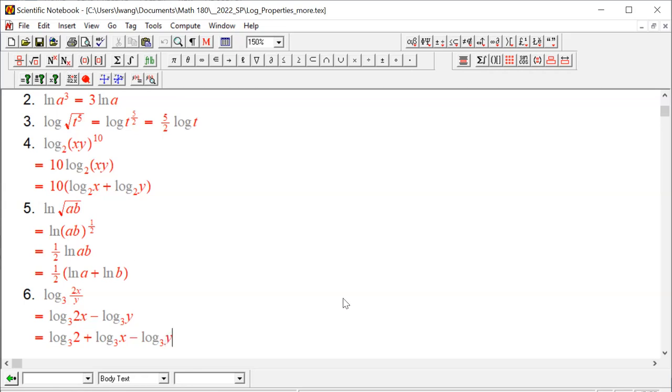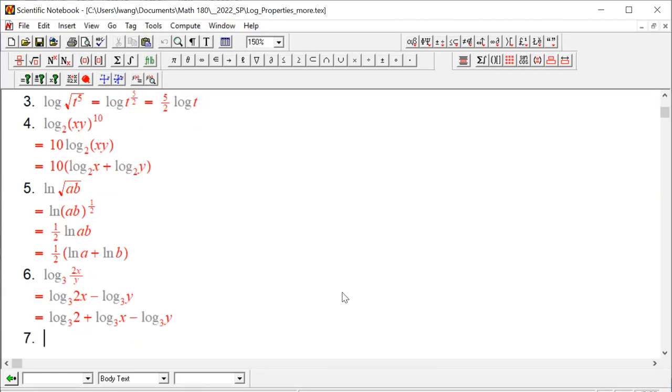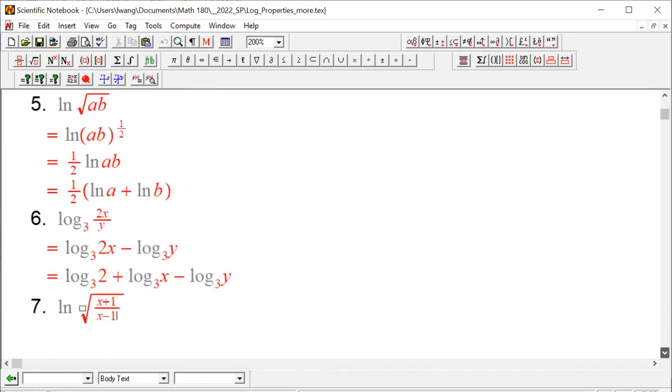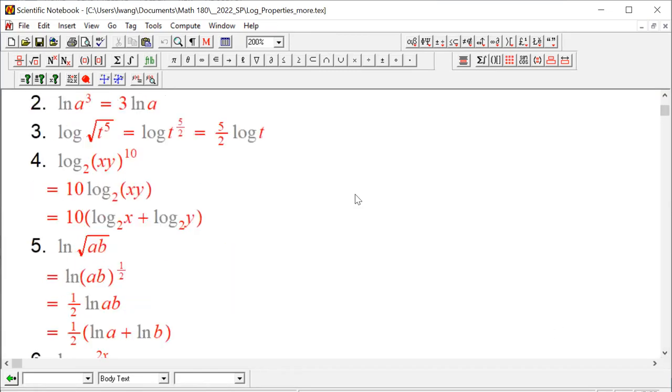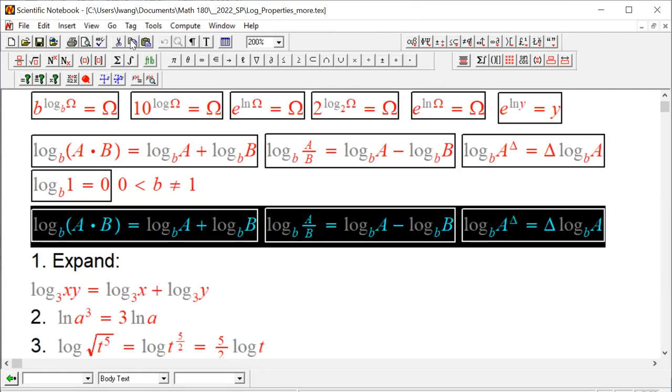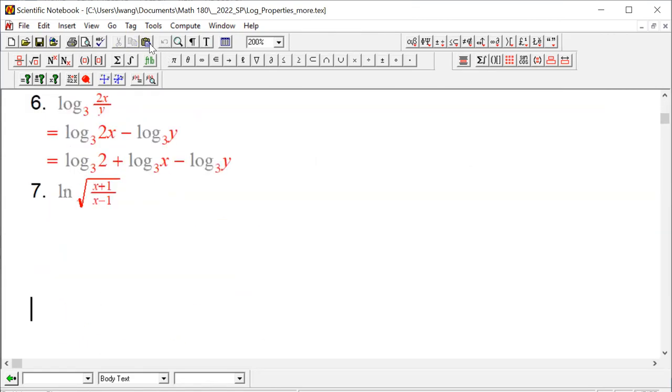Last but not least, this one actually is very interesting. I saw something similar in calculus. It's the square root of x plus 1 over x minus 1. Let me make the font a bit larger so you can see it. To expand this, let me bring the properties we need next to us so we can have a reference.